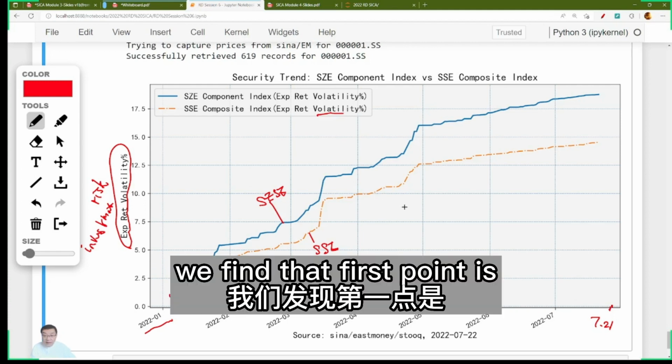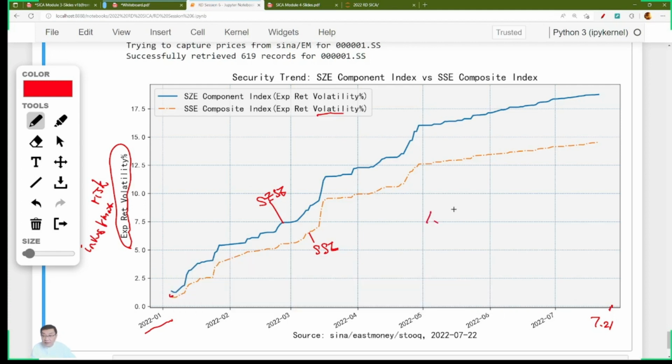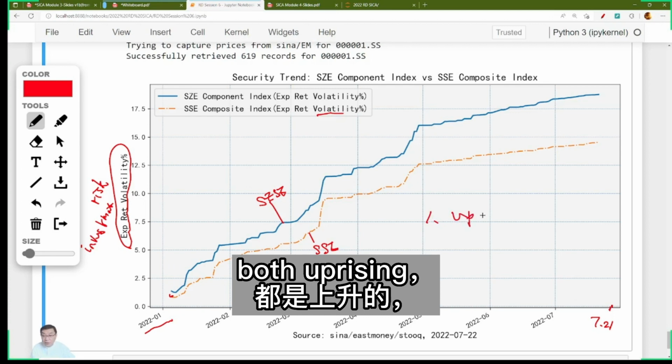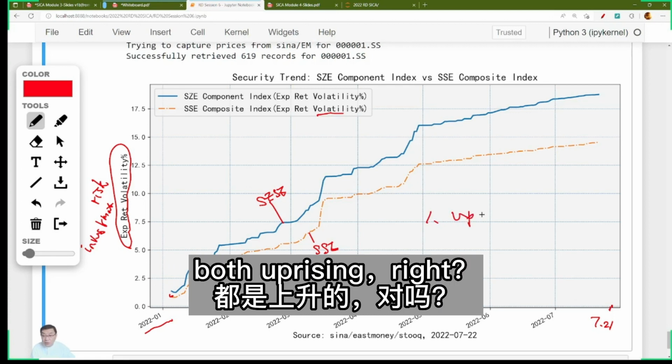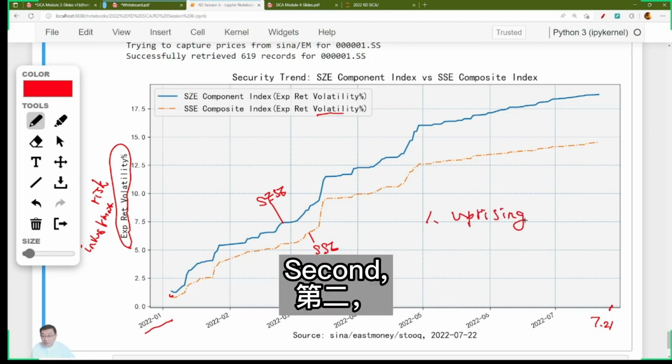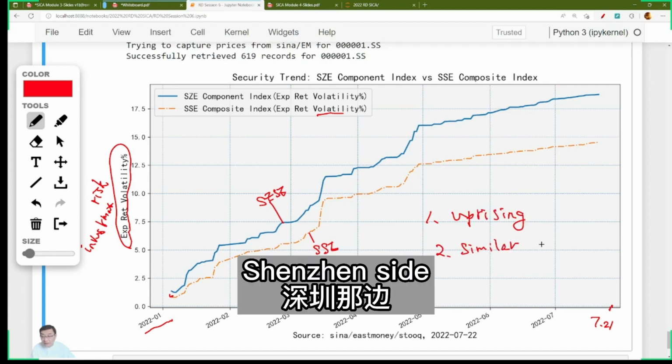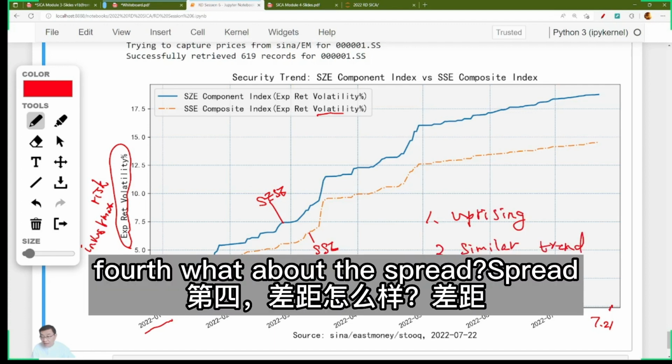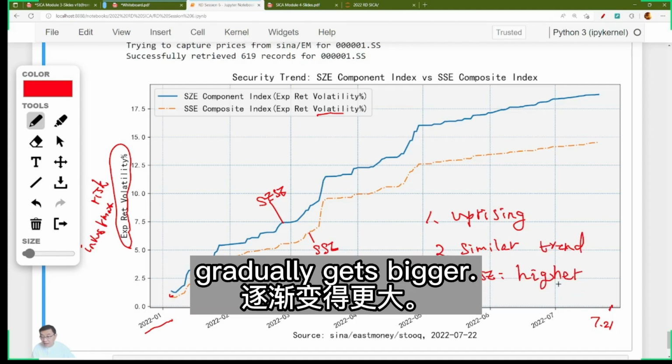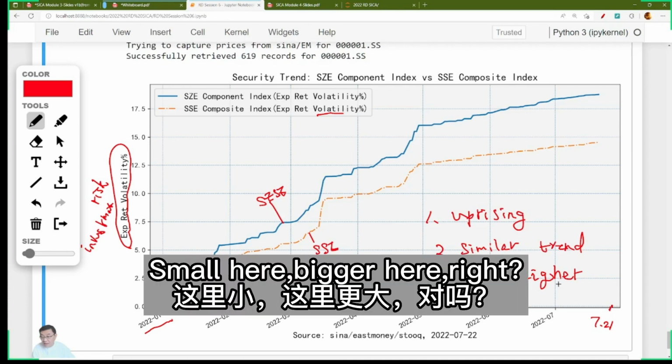We find that, first, both are uprising, right? Second, similar trend. Third, Shenzhen side higher. Fourth, what about the spread? Spread gradually gets bigger. Small here, bigger here, right?